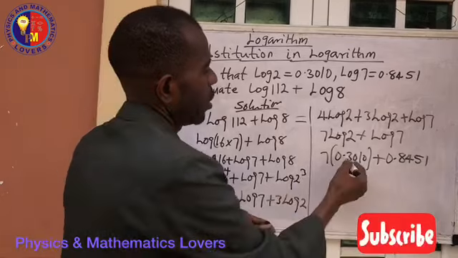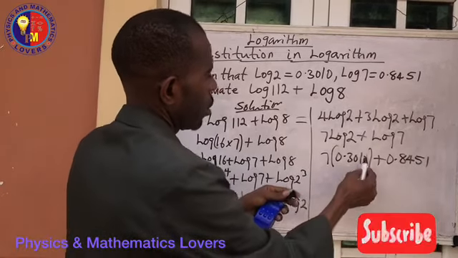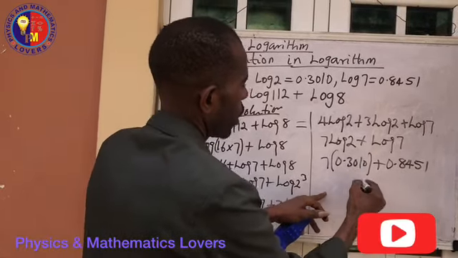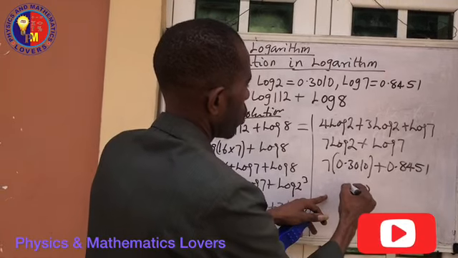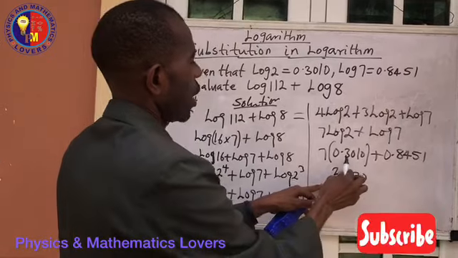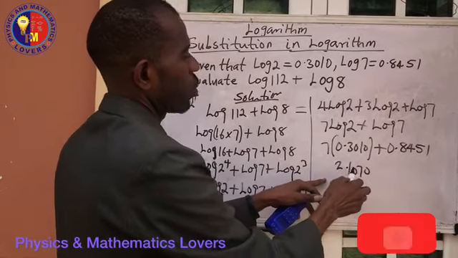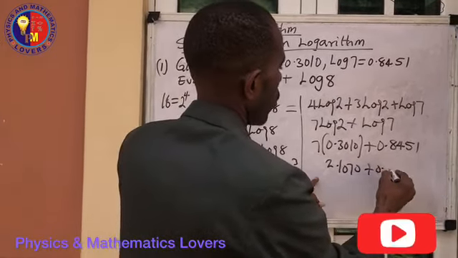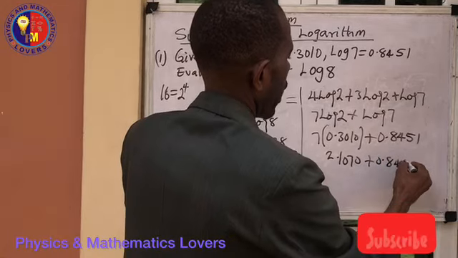So now let us multiply. 7 times 0.3010 will give us 2.1, that is 2.107. So this plus 0.8451.